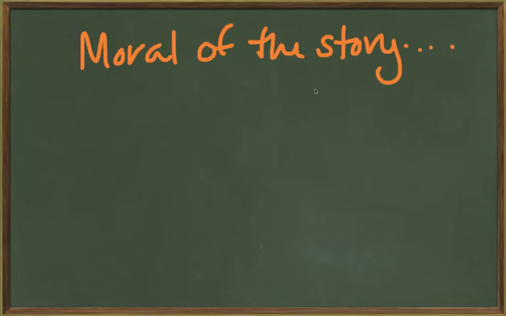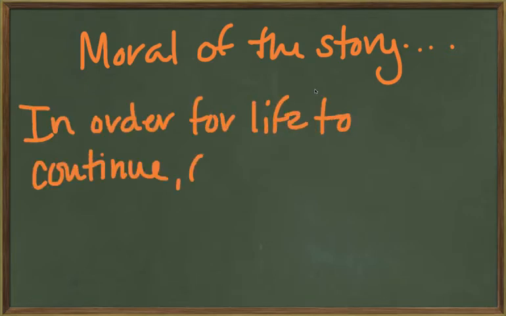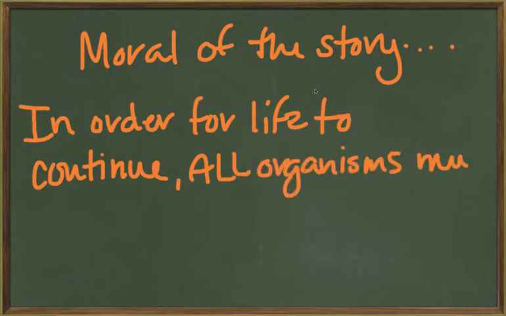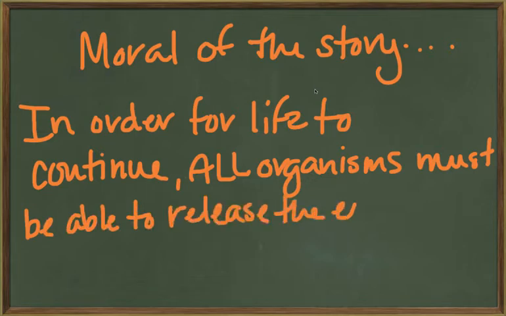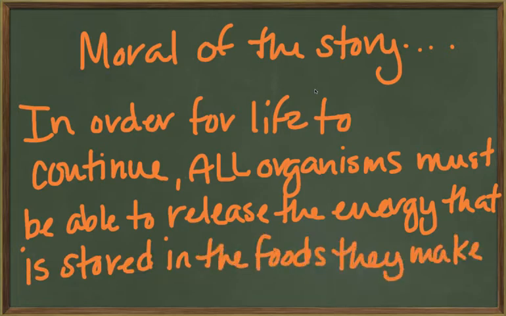So the moral of the story behind those two terms is that in order for life to continue, all organisms must be able to release the energy that is stored in the foods they make or eat. If we cannot get to that energy, then there is no way that life will continue.